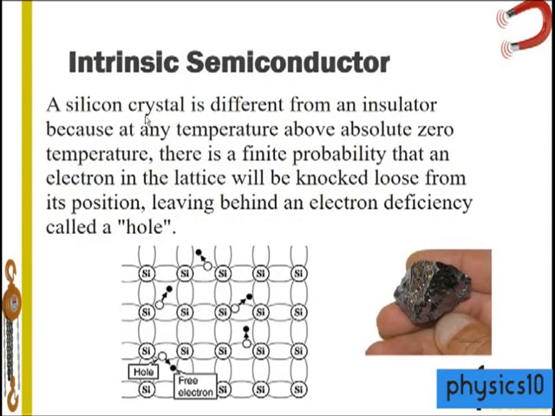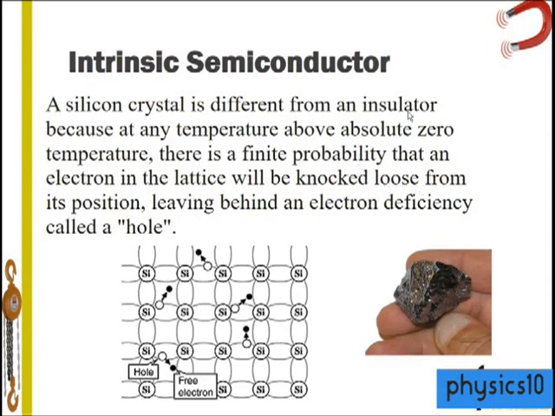When we talk about a silicon crystal, we need to look at that in comparison to, say, an insulator. Why is a silicon crystal different from an insulator? Well, the reason is that at a temperature above absolute zero, there is a probability, a small one, but still a probability, and it depends on the temperature, that an electron in the lattice will be knocked loose from its position, and that will leave behind an electron deficient hole.